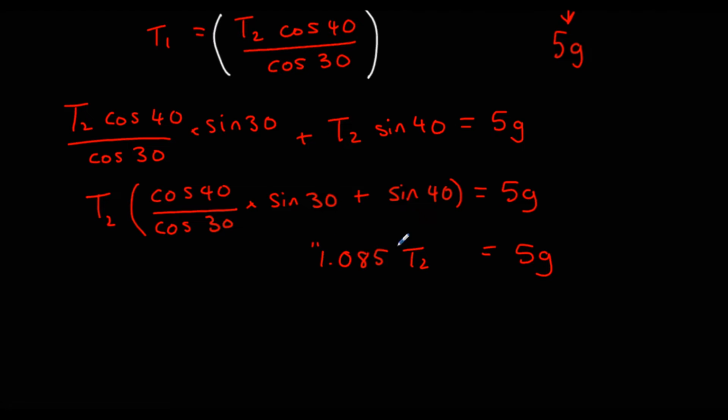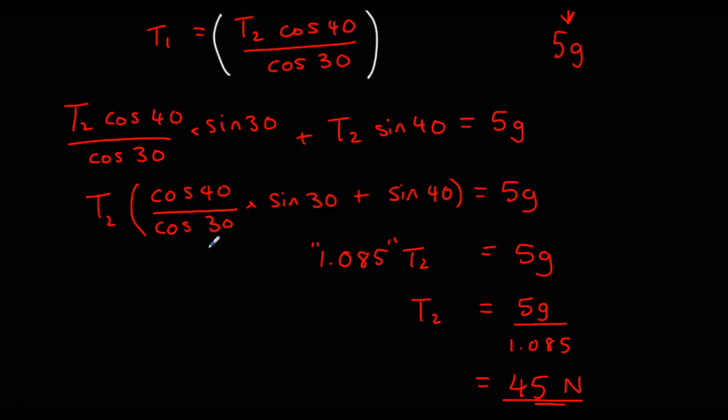I'm going to keep that whole number as answer in the calculator, and to find T2, I'm going to do 5g divided by my 1.085. I'll use the answer button, so I'm going to type in 5 times 9.8 over answer, and I'll give my answer to 2 significant figures, and that gives me 45 newtons.